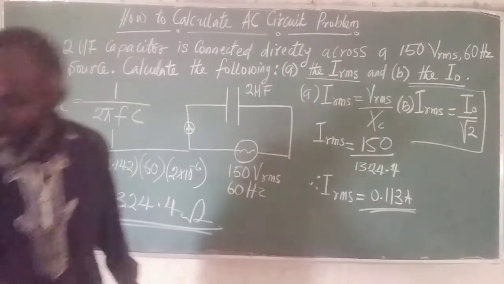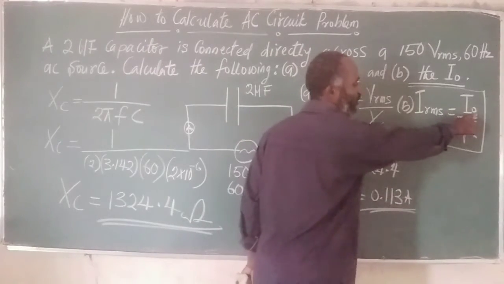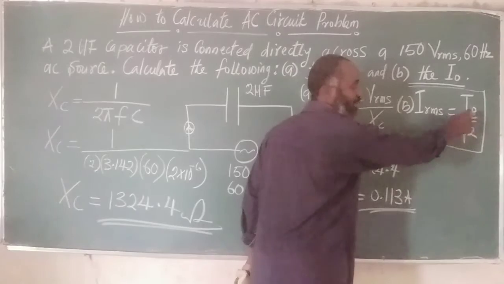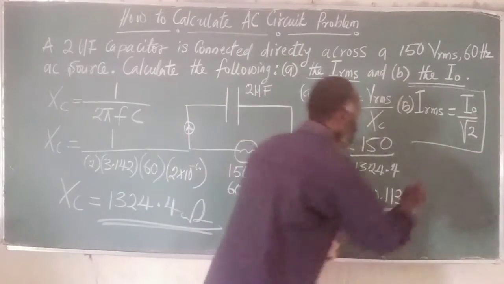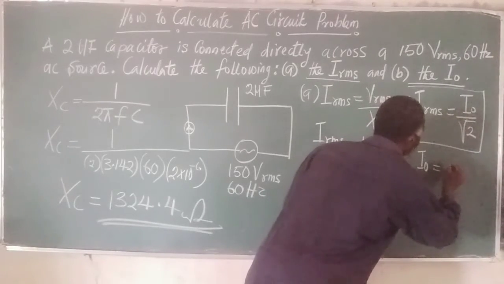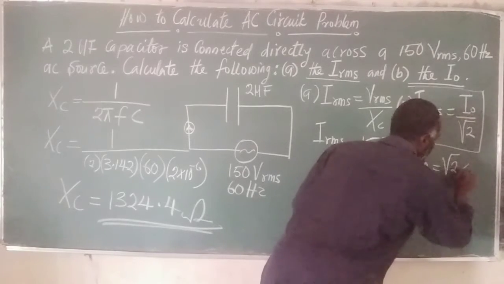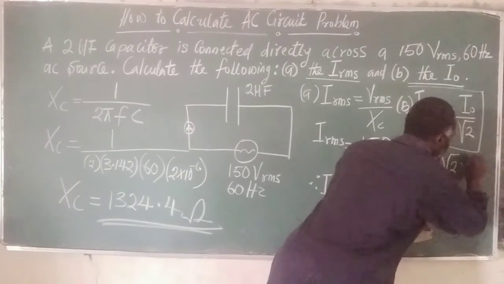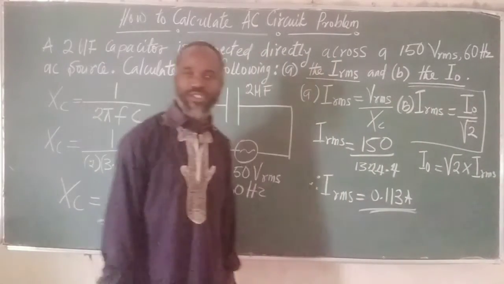Now we have understood this. We make I naught the subject. By the time we do, we have I naught is equal to root 2 times the value of the root mean square current. Very simple.